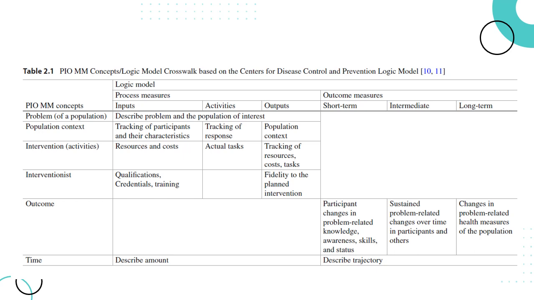It's going to tell us when we can expect to start seeing outputs arise, right? So typically short-term, I've seen, is things we want to see immediately, but within 3 months. Intermediate can be anywhere from 3 months to 6 months, up to as far as a year I've seen, and then long-term is typically that year plus.